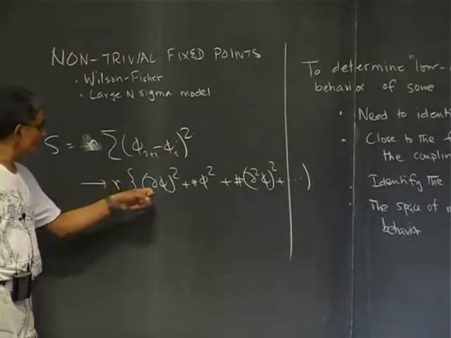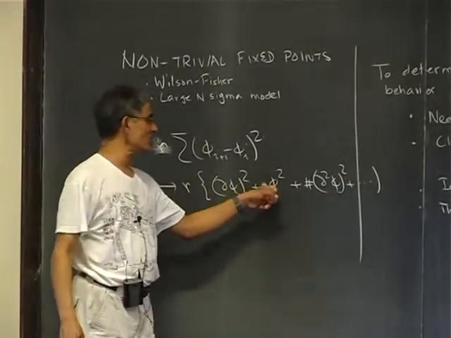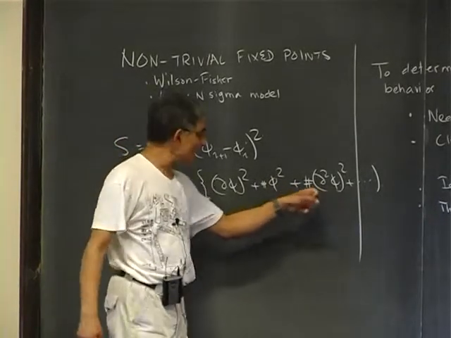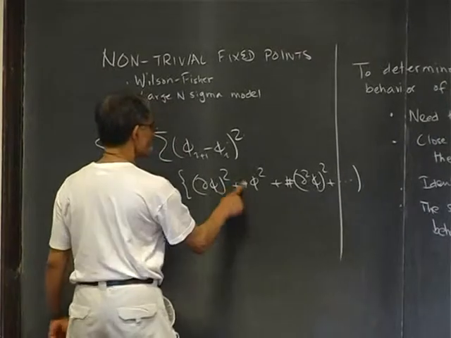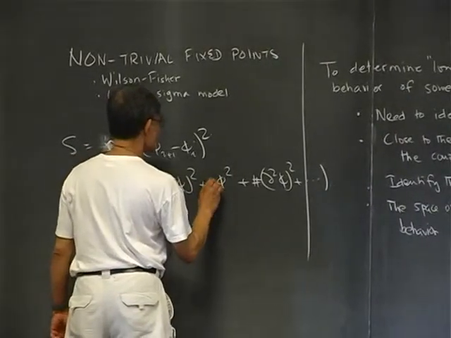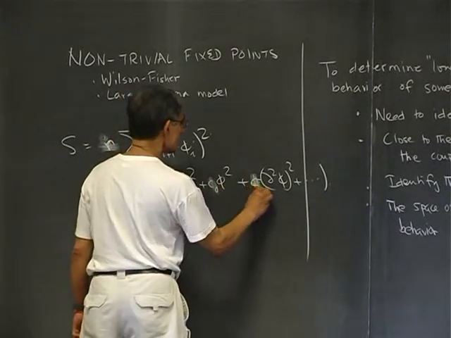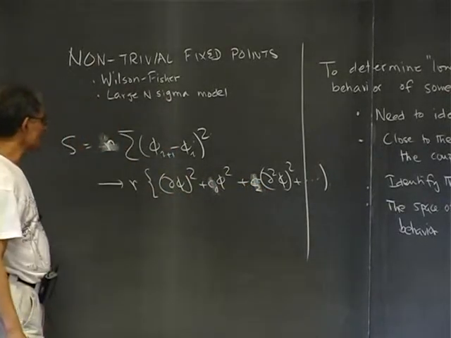As we saw, these objects like grad phi whole square and grad square phi whole square have related couplings, so let me call them C0, C2, and so on and so forth.